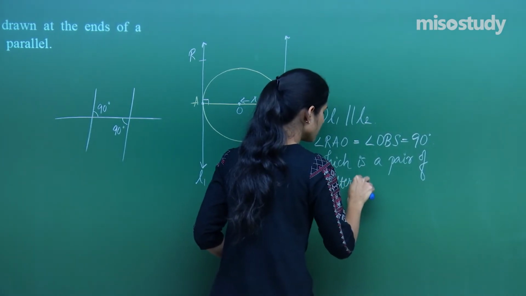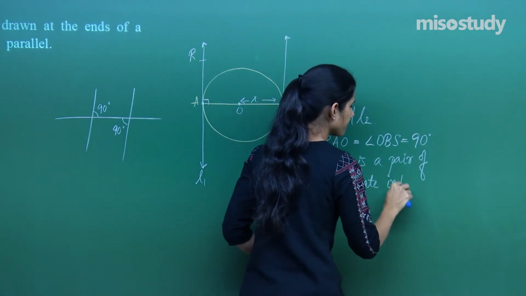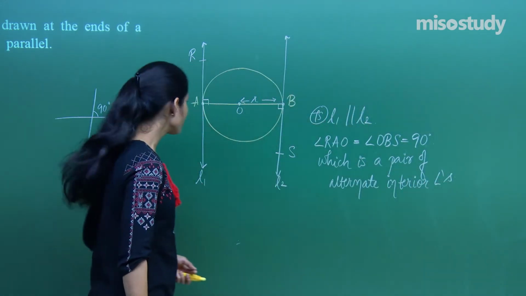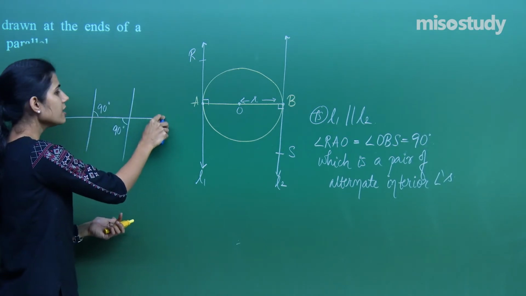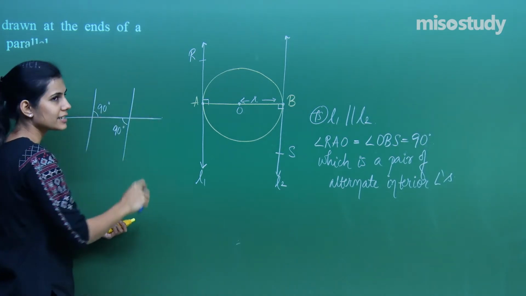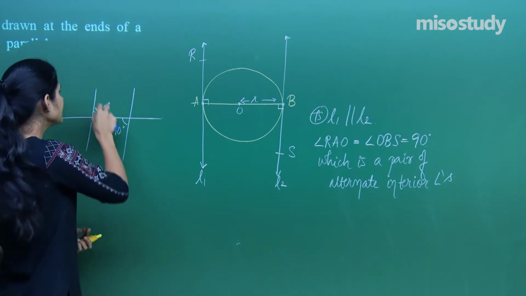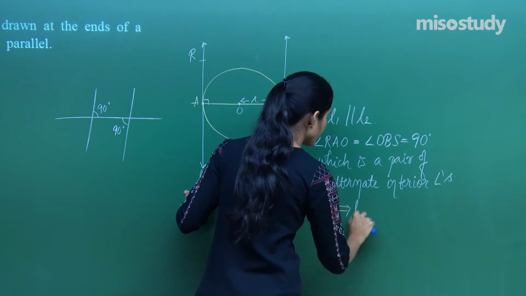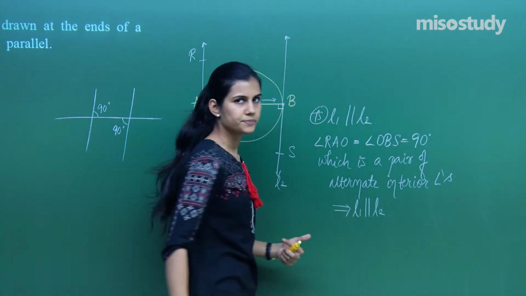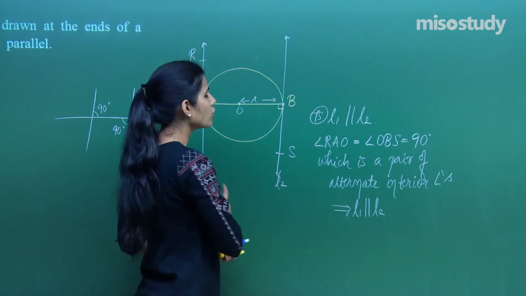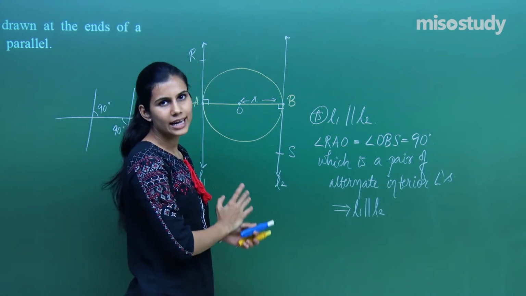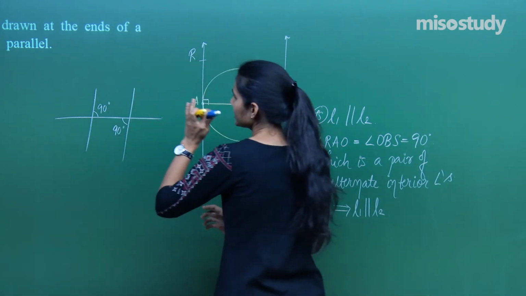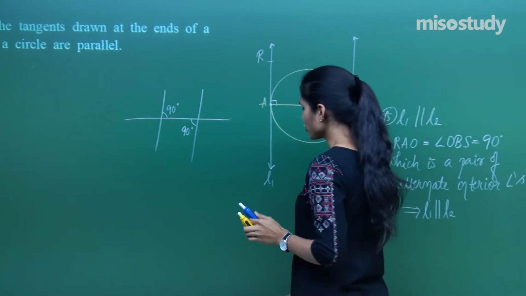And the moment 2 lines are intersected by a transversal, making one pair of alternate interior angles equal, it means that these 2 lines are parallel. So L1 will be parallel to L2. And L1 and L2 are not just 2 lines, but actually tangents drawn at the ends of the diameter of the circle. So that means the tangents drawn at the ends of the diameter of a circle are parallel to each other.